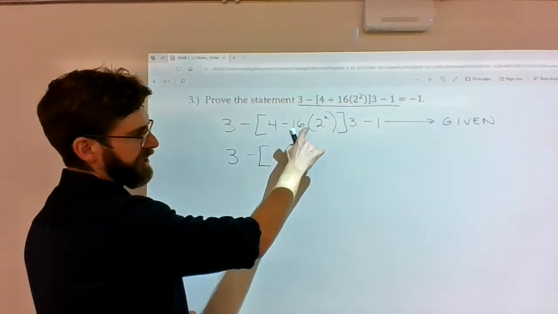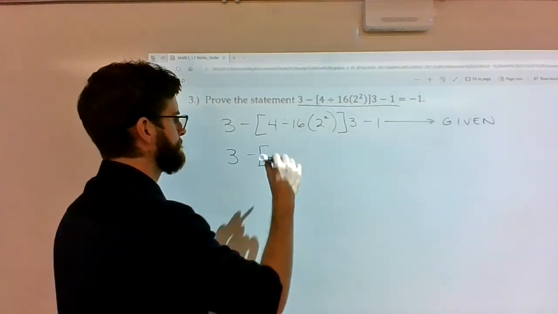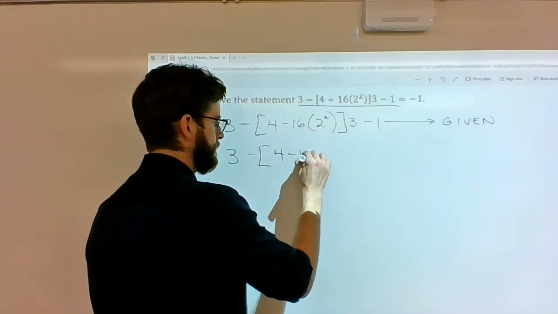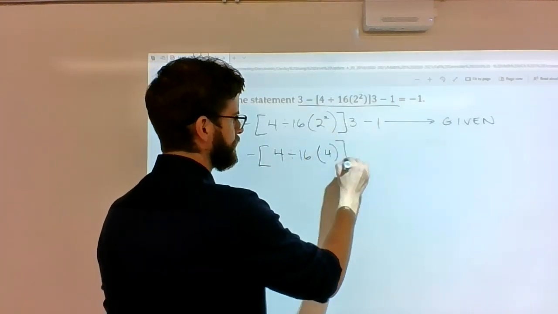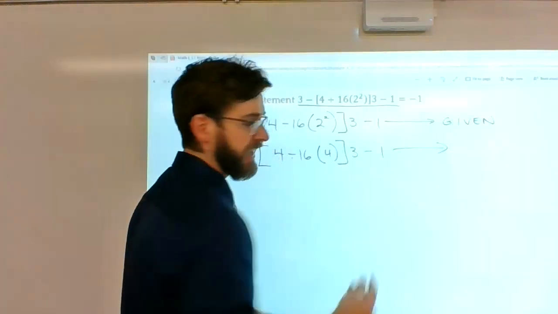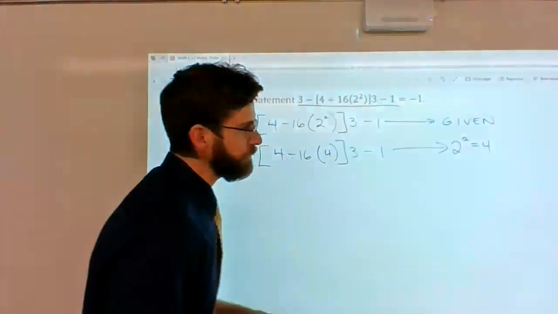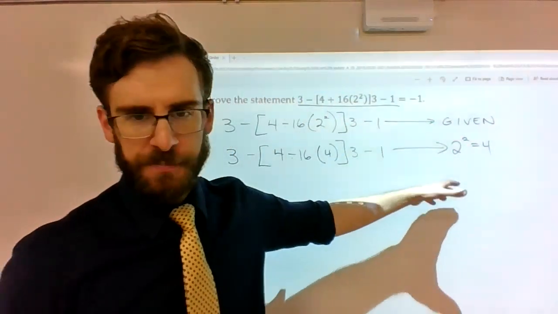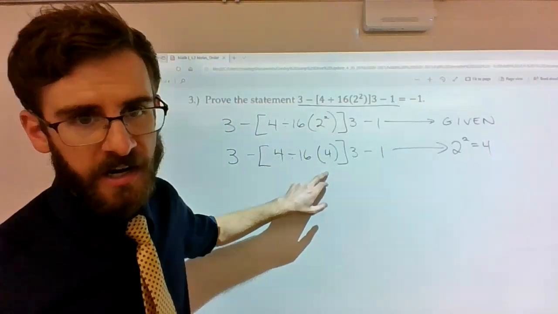Since there's no separation of pluses and minuses, I'm not going to do the 4 divided by 16 just yet. So this would be now 4 inside there. Everything else remains the same. We said 2 squared equals 4. If you check your properties, that would just be a straight up substitution property. We substituted 2 squared with its computation, 4.